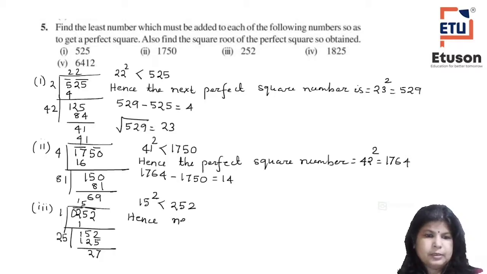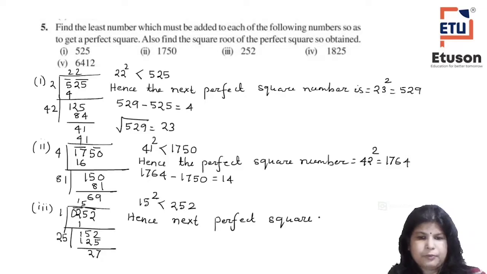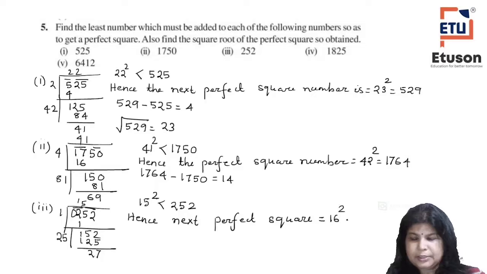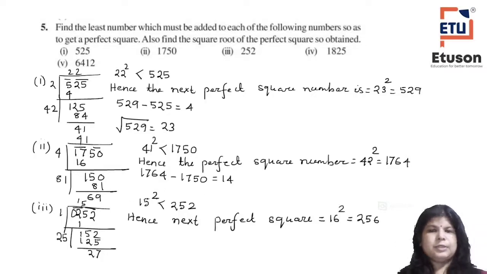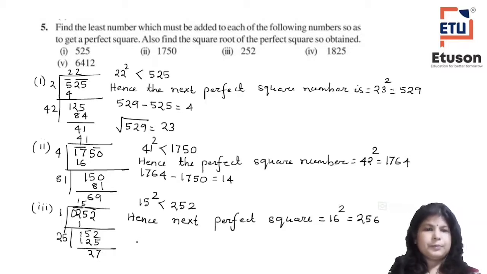Hence next perfect square is equal to 16 square, which is equal to 256.